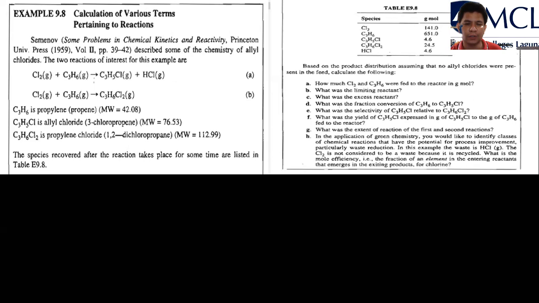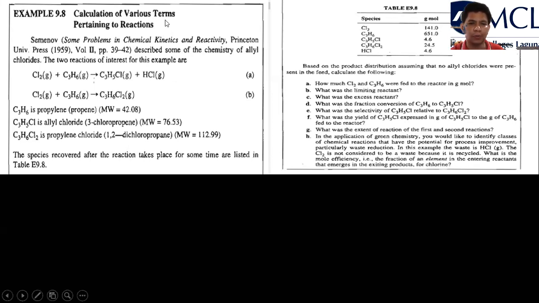Or you can have the allyl chloride divided by 2 plus number of moles of HCl divided by 2. That is more exact.